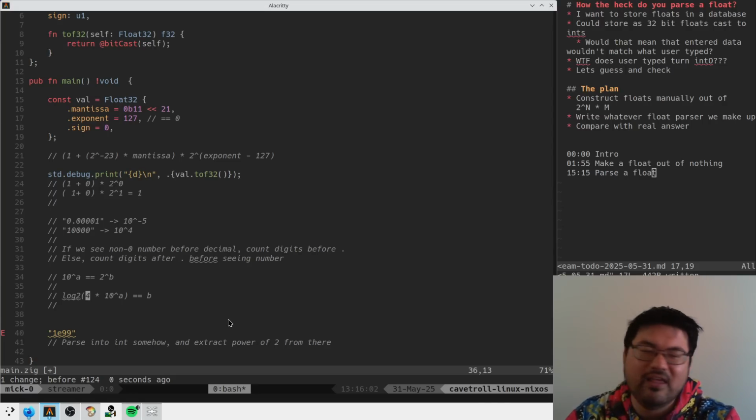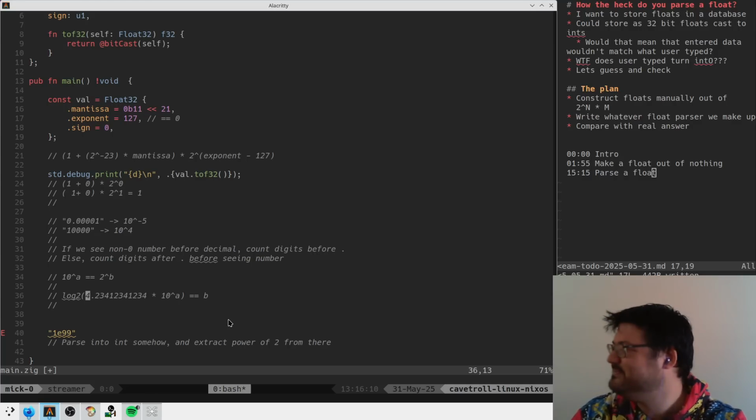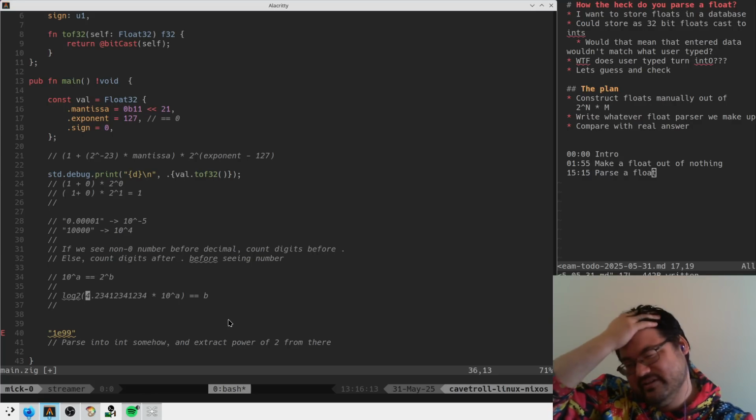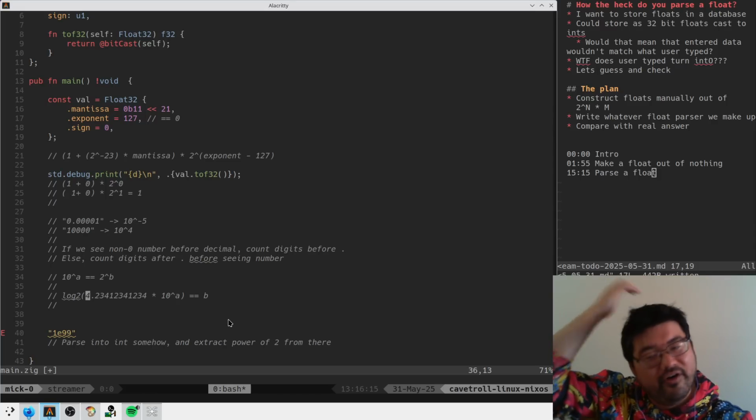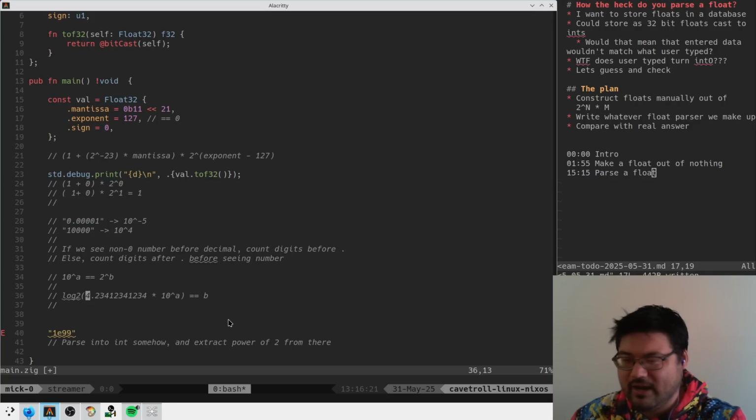Anything more precise than that, then you start just parsing the float again, which doesn't help us. So let's start there, and we'll see what happens.